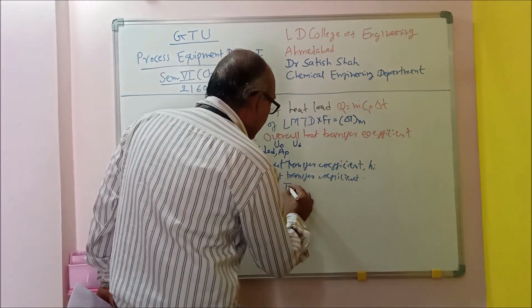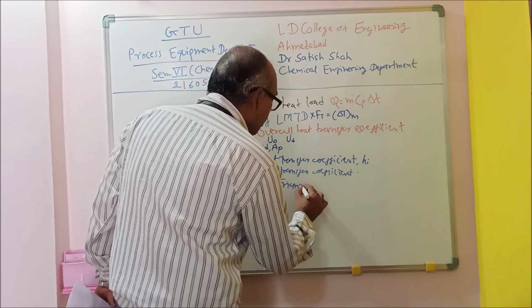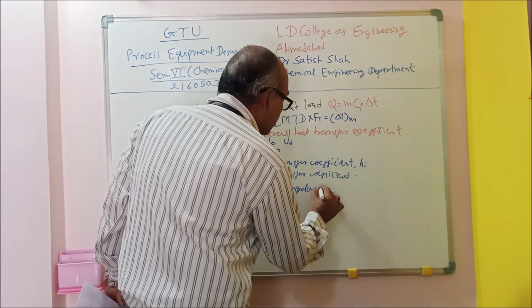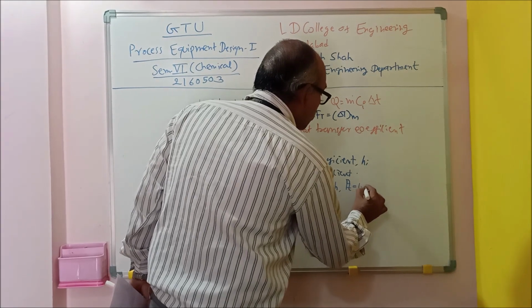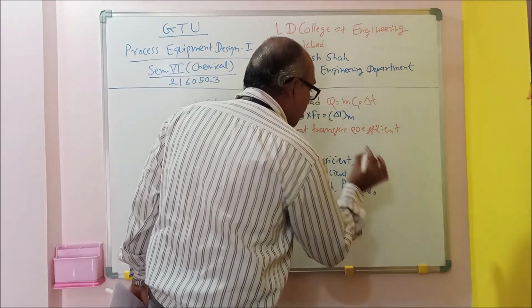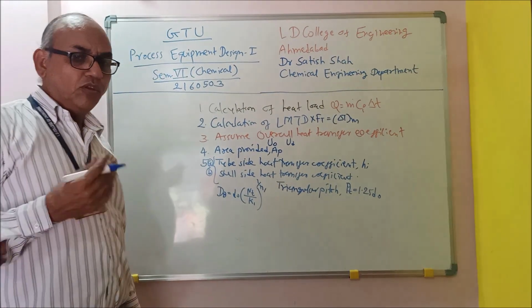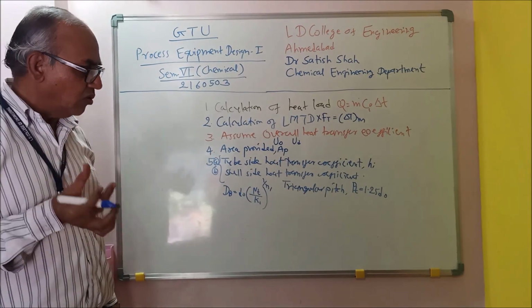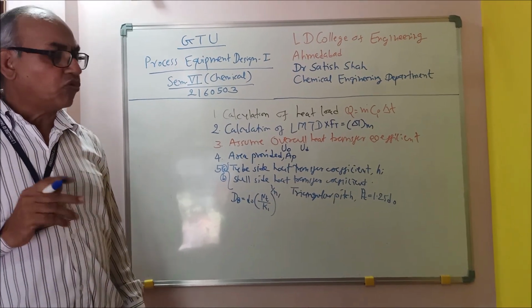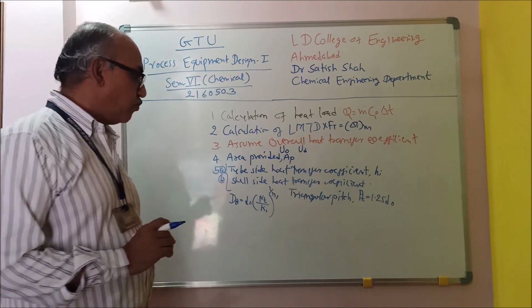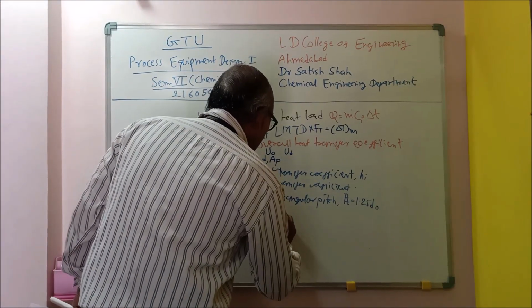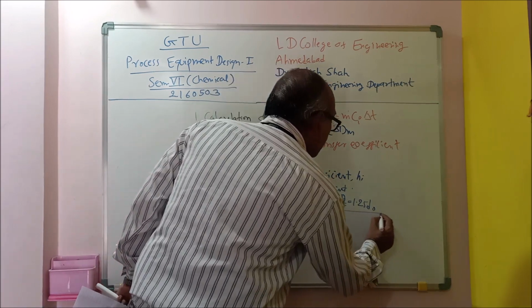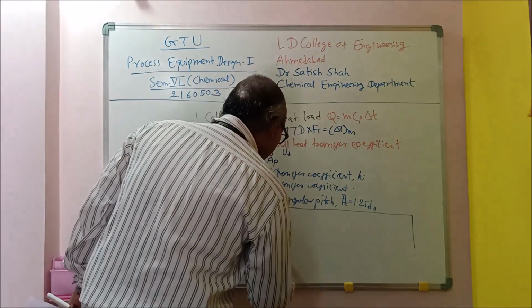See, if we have the triangular pitch, your tube pitch will be 1.25 times Do. So this is general. Sometimes in special cases you can use a different value of the tube pitch, but most of the time it is 1.25 times Do. And if you use this value, then based on the number of passes, your values of N1 and K1 will vary.